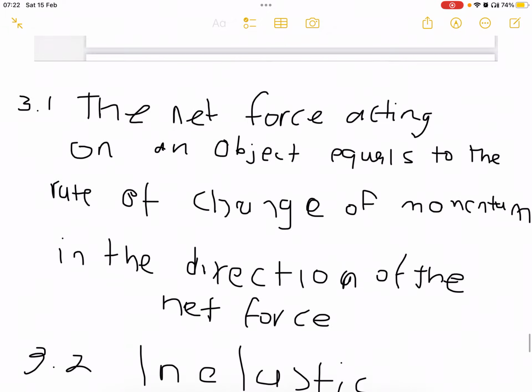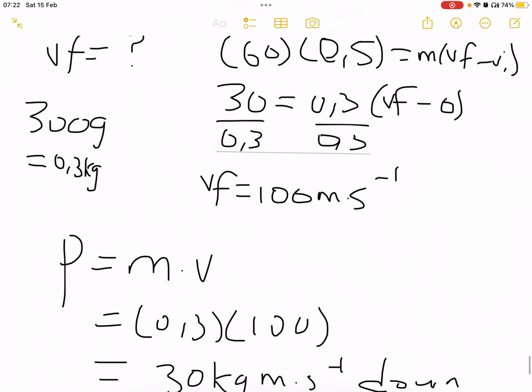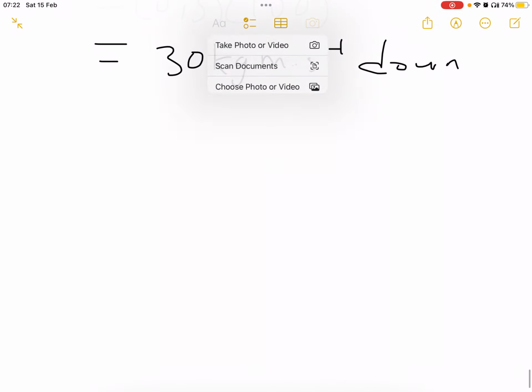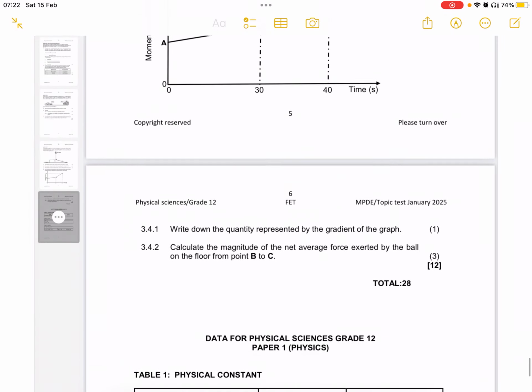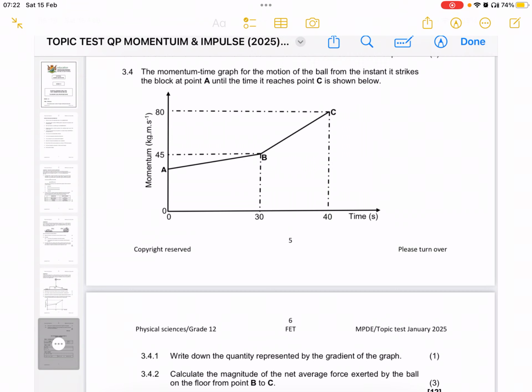Then let's move on to 3.4, which I think I have a picture of. 3.4: the momentum-time graph for the motion of the ball from the instant it strikes the block from point A to C is shown below. 3.4.1: write down the quantity represented by the gradient of the graph.